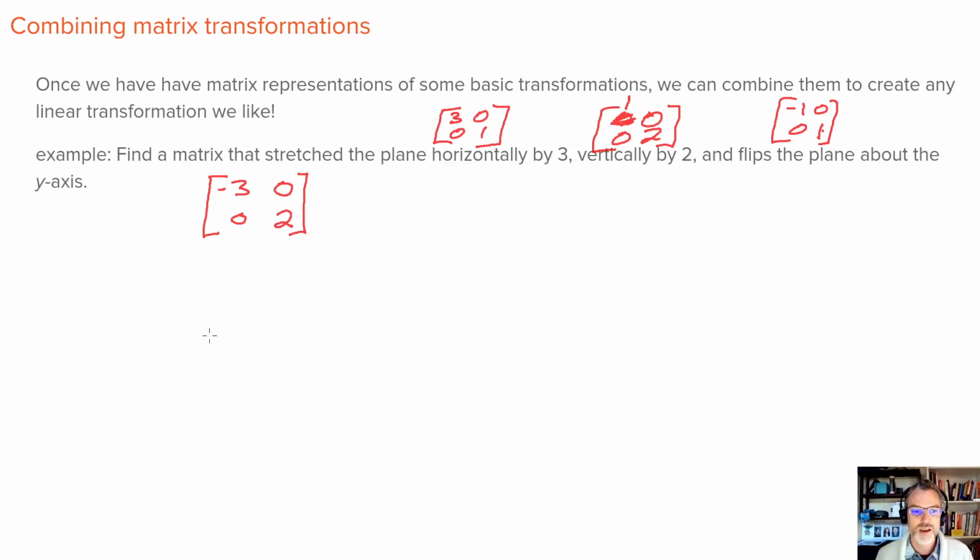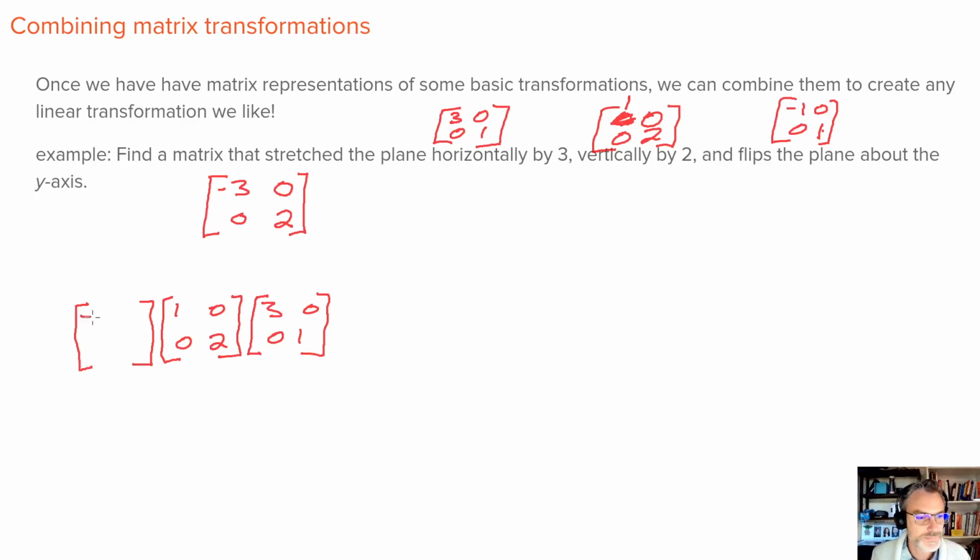So we would have our horizontal stretch, followed by our vertical stretch, followed by a flip about the vertical axis. So we can actually multiply these through and see what we get. Let's do this one first.